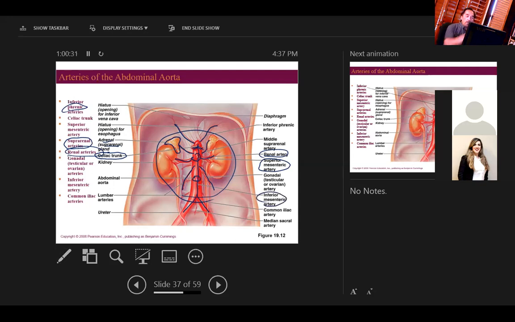Those are the three vessels that go to the front: celiac, superior mesenteric, inferior mesenteric artery. Okay, all right. So we finish with those branches of the abdominal aorta. But again, I need to show the branches that go to the leg. The first one is going to be a branch that will divide into two, and that's going to be the common iliac artery.